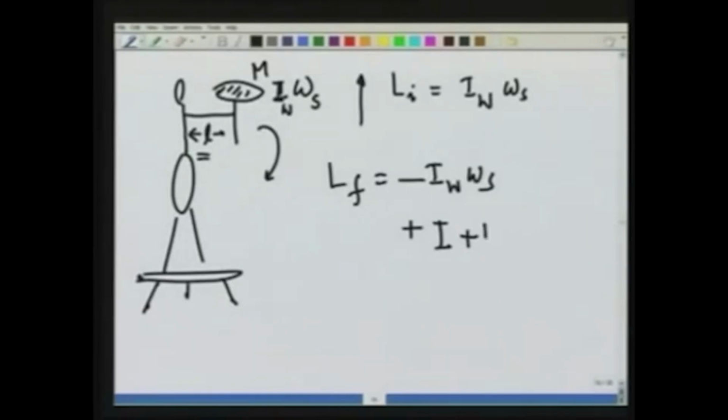plus there will be a moment of inertia of the wheel, m l square.